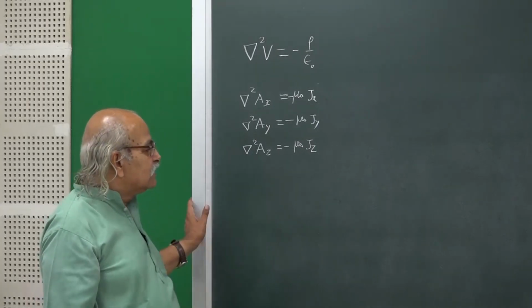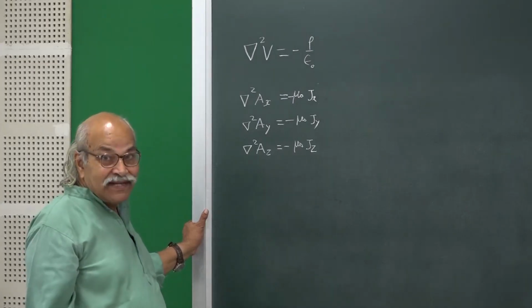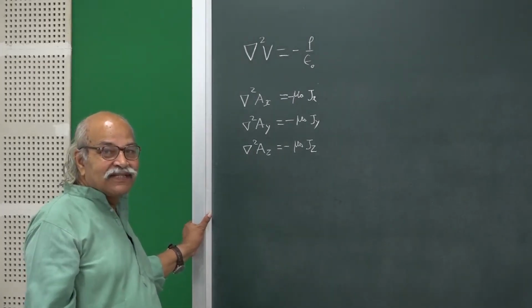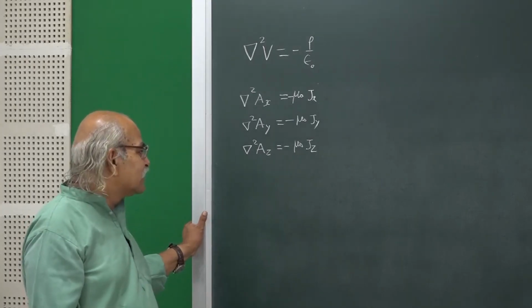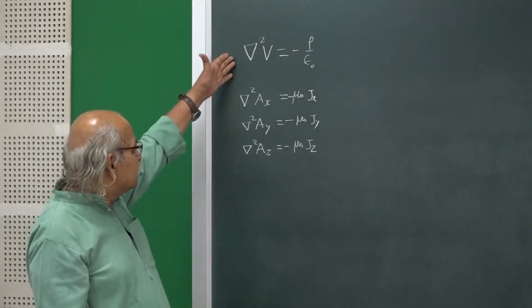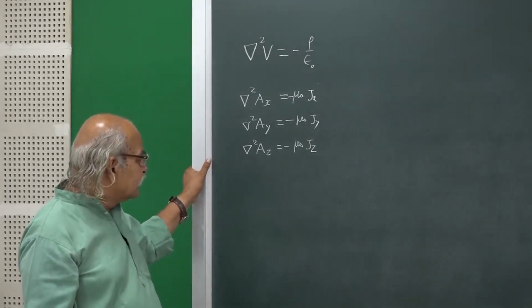So, we will take one more example which is otherwise very complicated. Griffiths has solved this in that book, Electrodynamics, but we will be using this and will solve it in a different way.